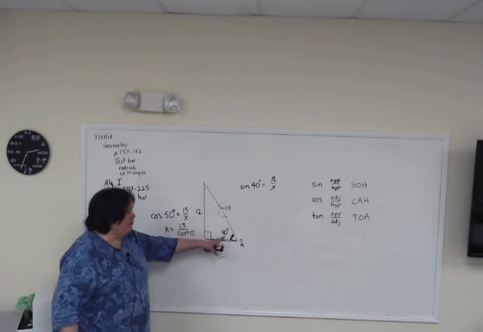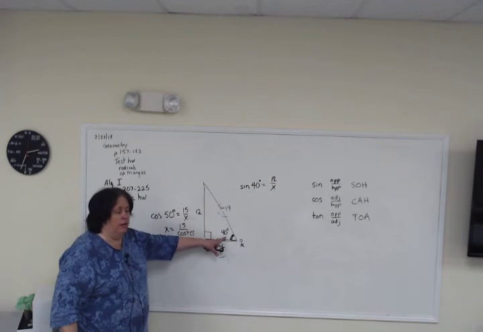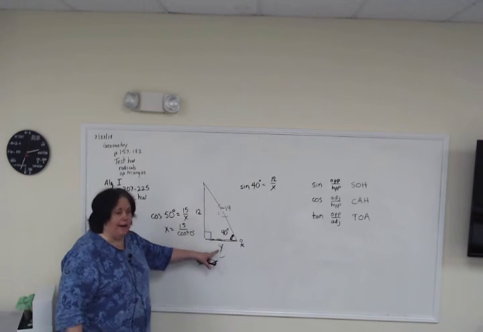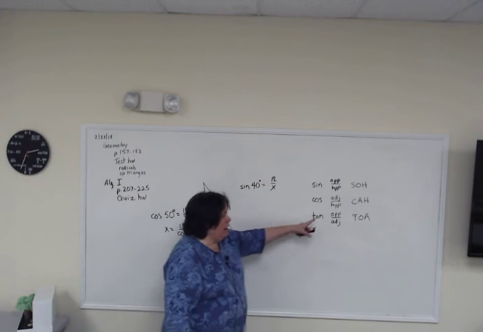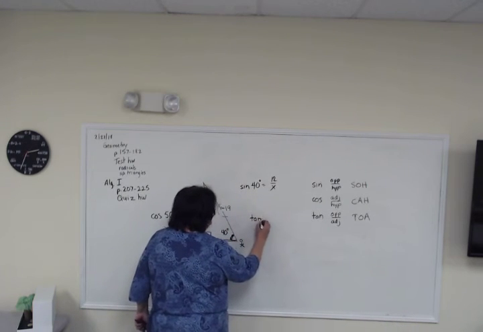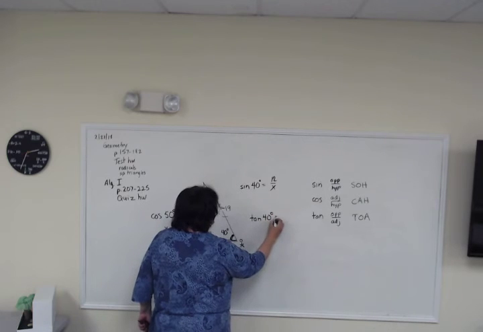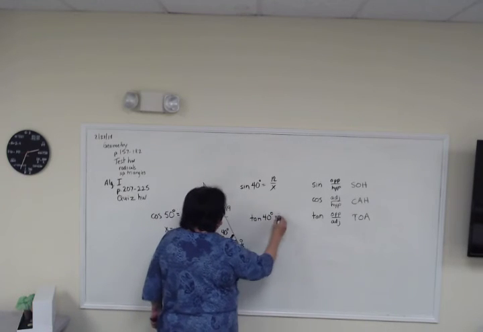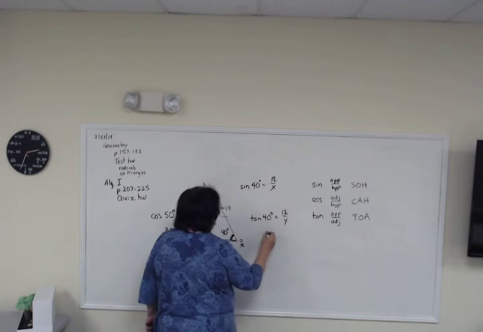Now look right here. From this angle, I have opposite and I want adjacent. Opposite over adjacent, so tangent of 40 degrees equals opposite over adjacent, 12 over y.